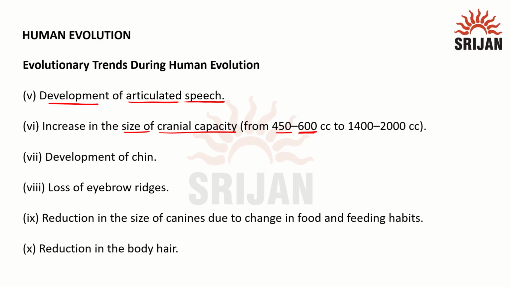We have evolved towards 1400 to 2000 cubic centimeter. Next, we have development of chin, loss of eyebrow ridges, and reduction in the size of canines due to change in food and feeding habits. And last, we have reduction in body hair. So these are the evolutionary trends that we see in human evolution.